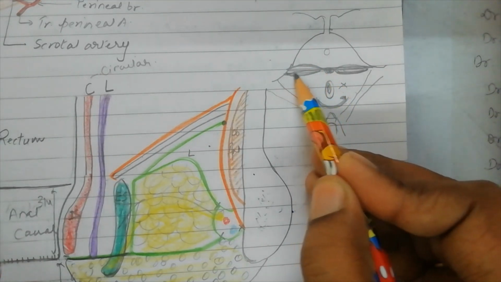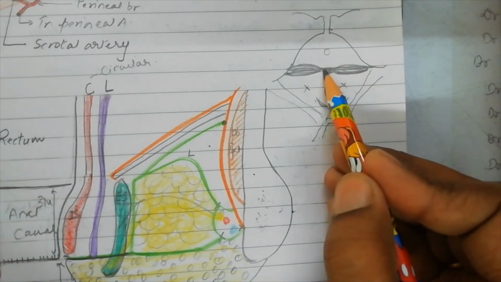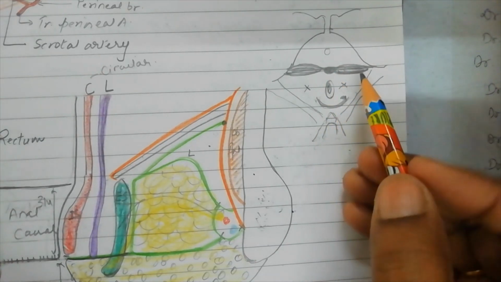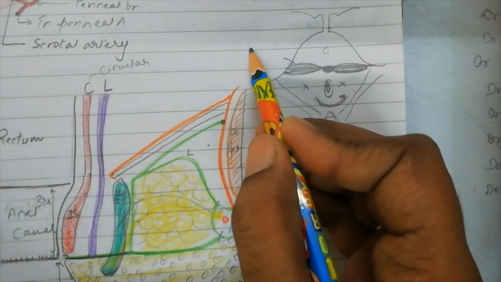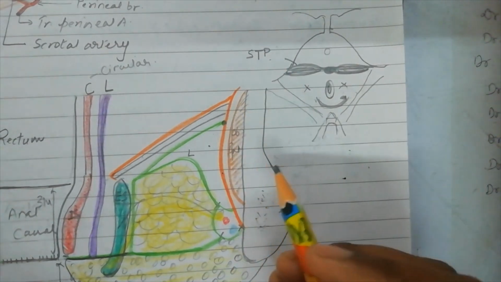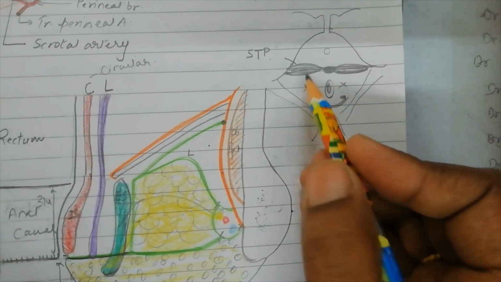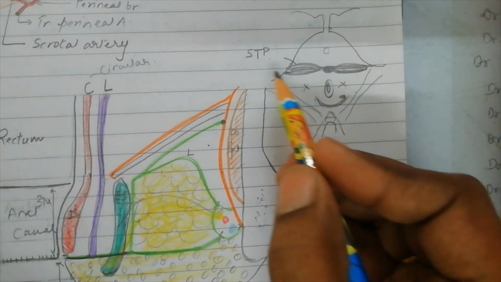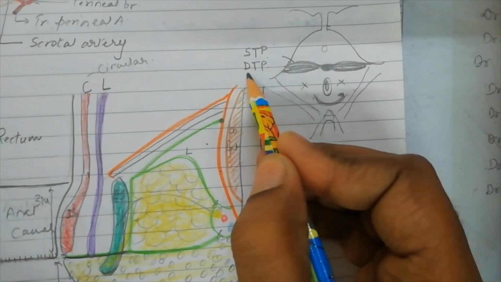These are the two important muscles in the superficial perineal pouch inserted on the perineal body. So anteriorly, the boundary is formed by the superficial transverse perinei muscle, and deeper to that, there is another muscle in the deep perineal pouch, the deep transverse perinei muscle.